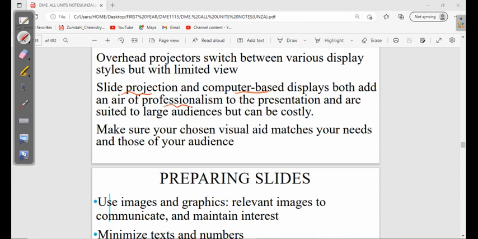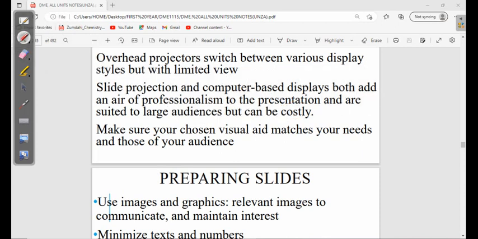When you get to use projectors, it shows that the people meeting here are professionals, and the presentations are suited for large audiences. They can be, of course, costly because we're even using electricity, and the projector itself is costly. But it is useful for large audiences because a lot of people can see even from a distance, because the words have been enlarged.